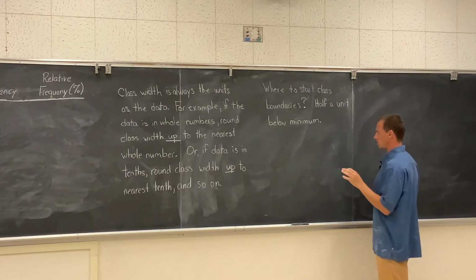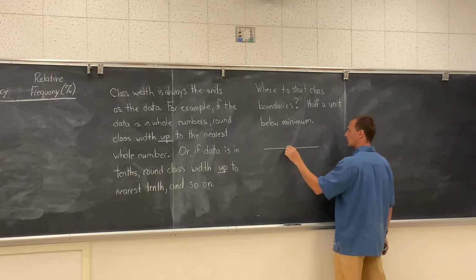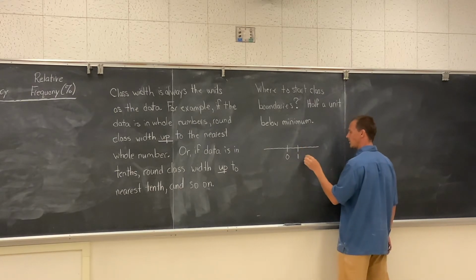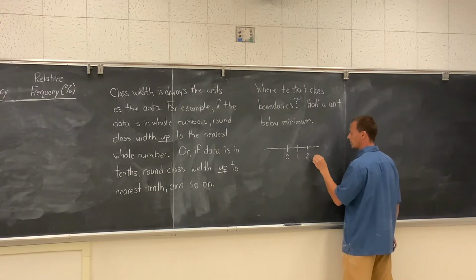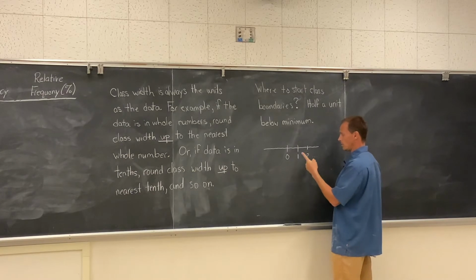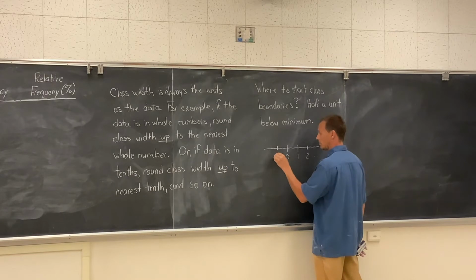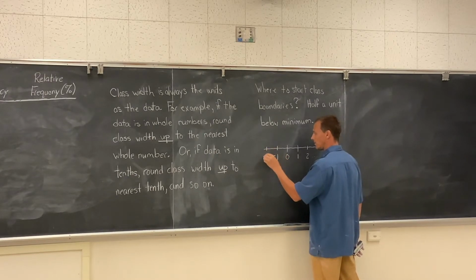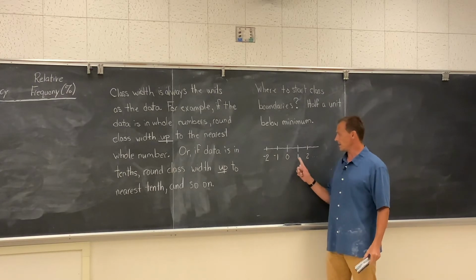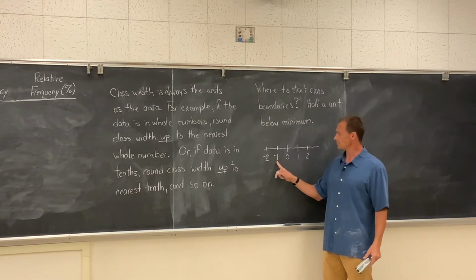And I'm going to give you a pictorial explanation too. Notice that our lowest data value is a 0, and then it goes up to a 1, and it continues on. There's 2s and such. But if I was to continue my data to the left, there'd be a 2, a 1, a 0, a -1. Who knows, maybe there was a -2. But it doesn't matter. What's important is that we would keep our data still in integer values.